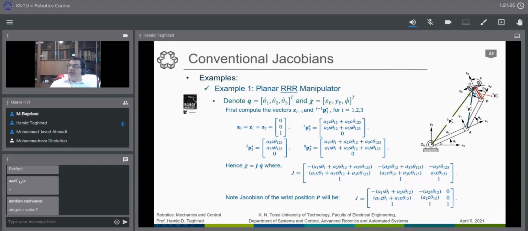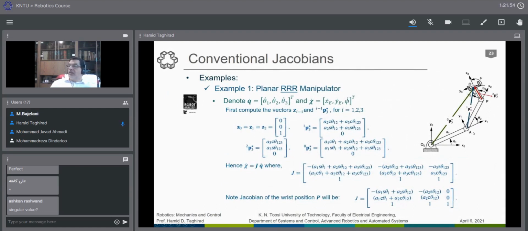And the last, but not the least one, is the green vector. The green vector 3 would be this vector plus this vector. We had this vector, which we call P3, with respect to frame 1, now with respect to frame A1, cosine of theta 1 and sine of theta 1 will be added to the system.